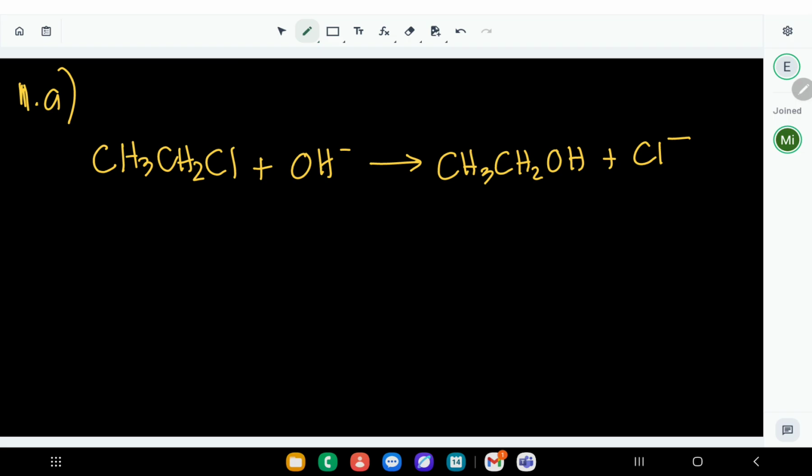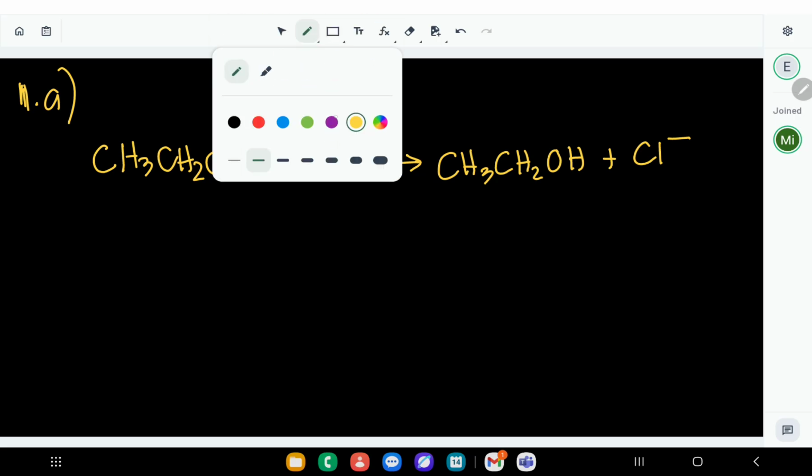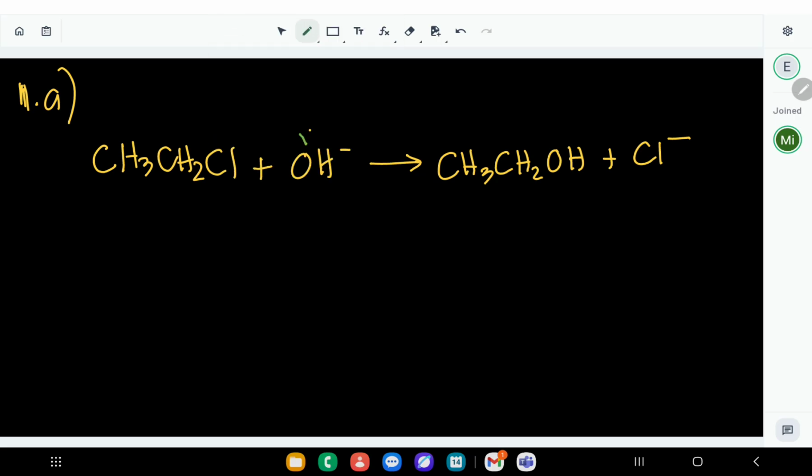Okay. So in this case, notice that the hydroxide ion replaces the chlorine atom here. Originally we have chloroethane with chlorine, and then when it reacts with potassium hydroxide, the hydroxide ion replaces the chlorine atom in the first compound, chloroethane.